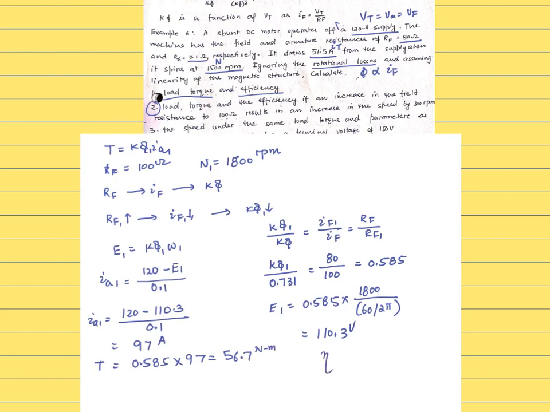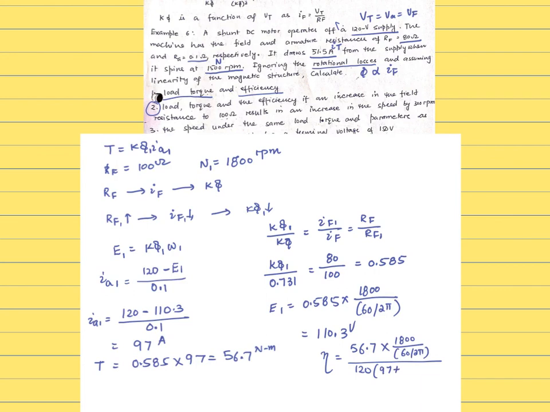We also need to calculate the efficiency. So efficiency will be 56.7 times 1800 converted to radians per second, divided by the input voltage, which is 120, multiplied by the total current, which is IF plus IA. So IA is 97.